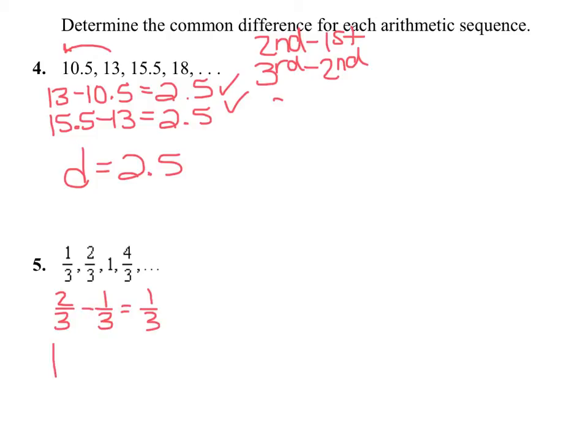And then I've got 1 minus 2/3. And again, if you don't have my calculator, then you're going to need to change this 1 to 3/3, because that's just a common denominator. I do 3 times 1 and 3 times 1, and that's how I get 3 over 3. And then if I do that, I get 1/3. And again, I get the same thing. So my common difference for this one is 1/3.